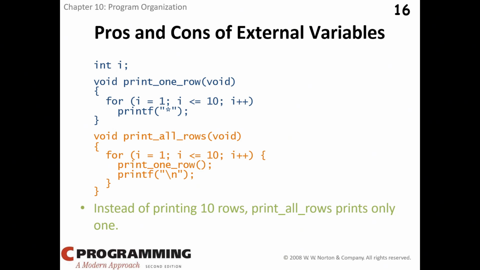So instead of printing 10 rows as intended, print_all_rows only prints one row, because in the next iteration of print_all_rows, the value of i will already be 11 and the loop has already stopped. This example highlights the importance of carefully managing variable scope and avoiding the misuse of external variables.